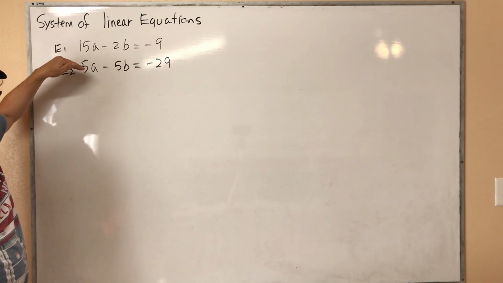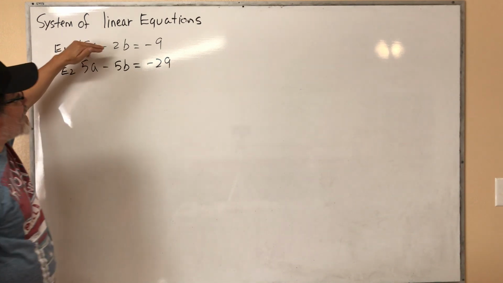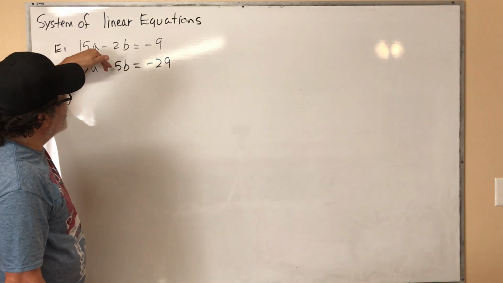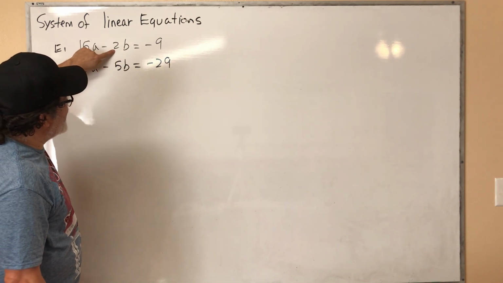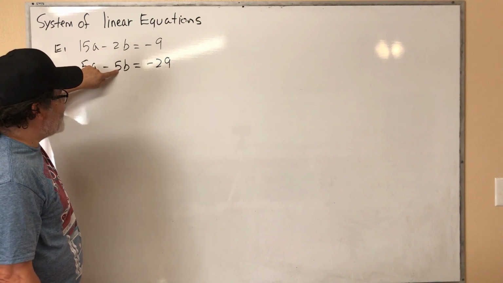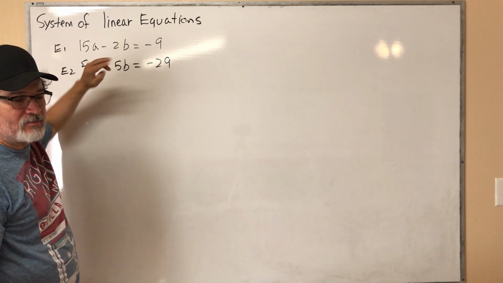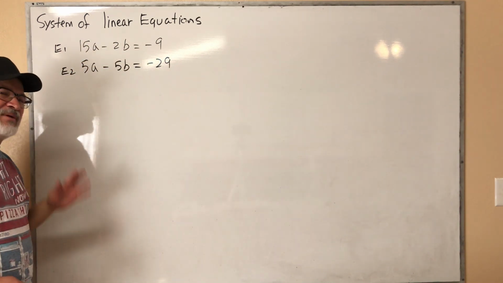So a is easier to eliminate first. If you decide to eliminate b first, you gotta multiply by 5 and by -2, because they need to be opposites. So I think I'm gonna eliminate a first.